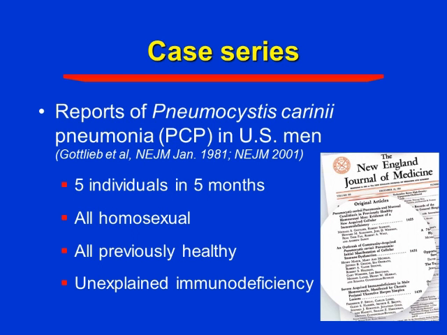And all of a sudden, there were 5 individuals in 5 months who had been diagnosed with this. All of these were homosexual males, all were previously healthy, and all were determined to have an unexplained immunodeficiency. And of course, today we know that this was the emergence of the HIV epidemic in the United States.